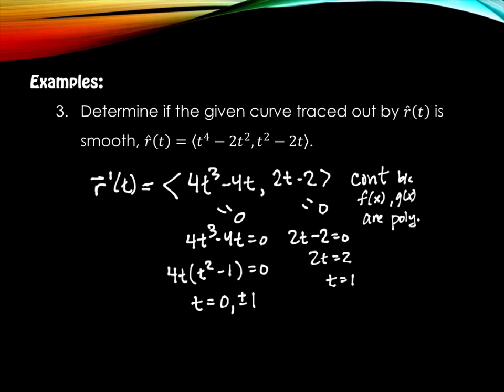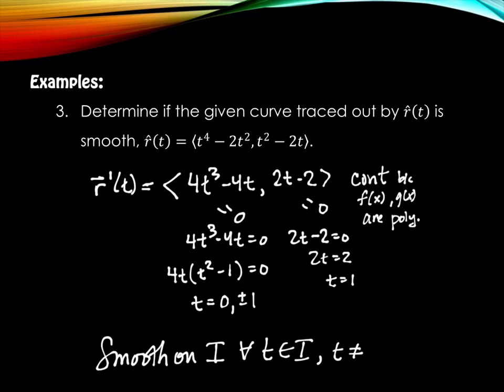So this will be smooth on I for all t in I where t does not equal 1. It is smooth almost everywhere. The one place where it's not smooth is when t is equal to 1, because that's the location where the derivative is equal to 0.